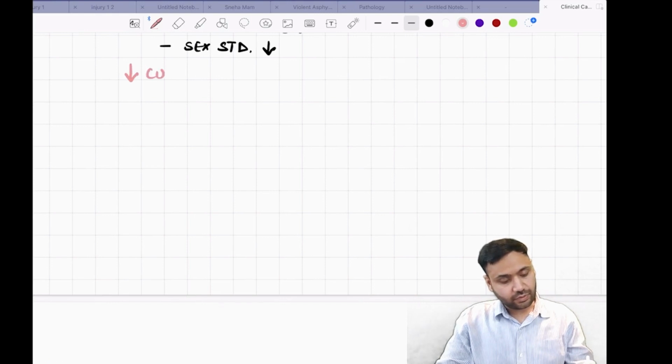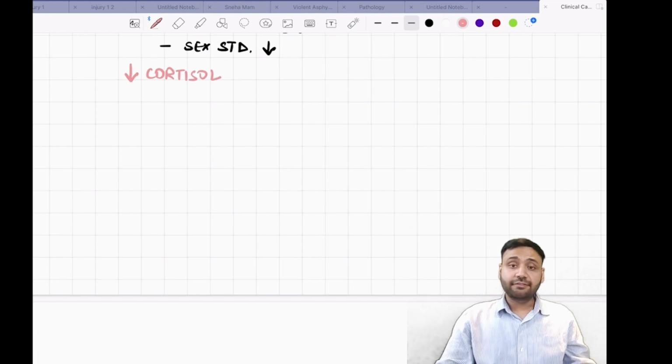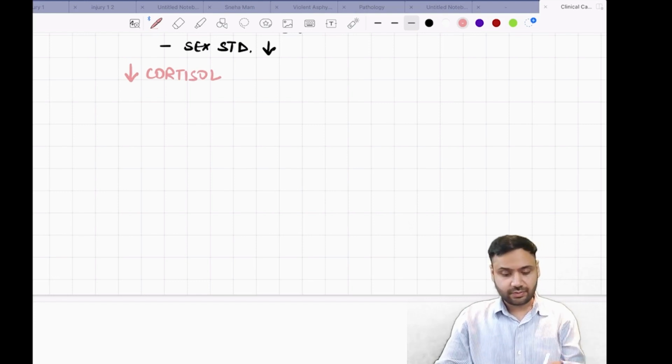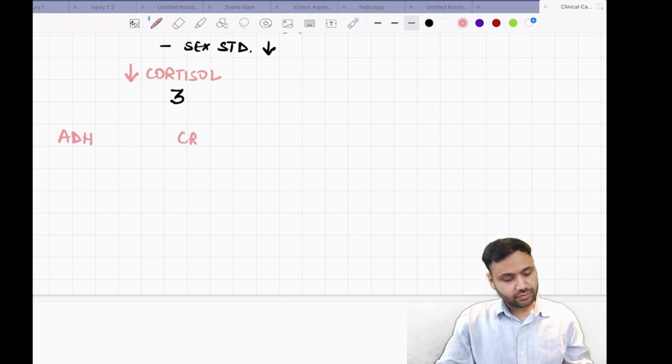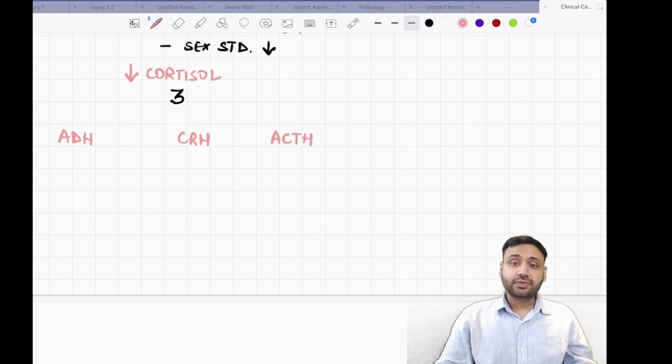Decreased cortisol will affect three things. And these are ADH, CRH, and ACTH. It is because these three hormones are under negative feedback regulation.